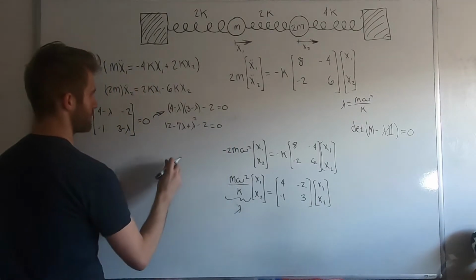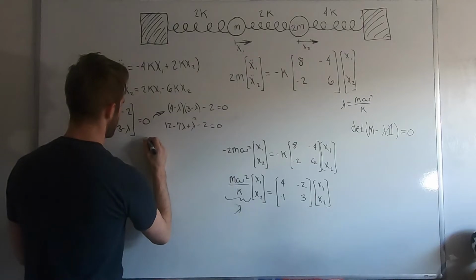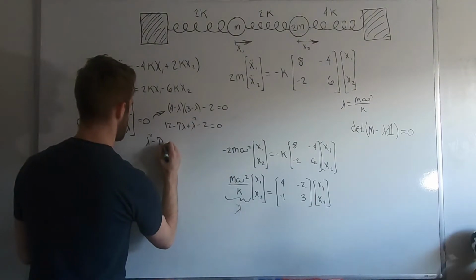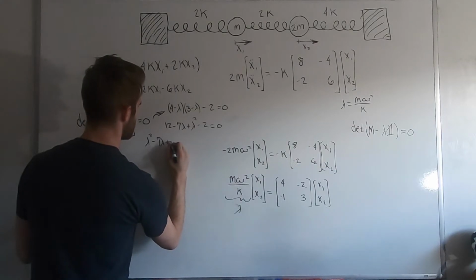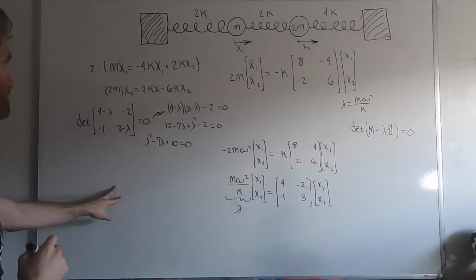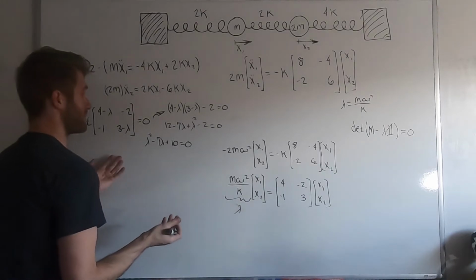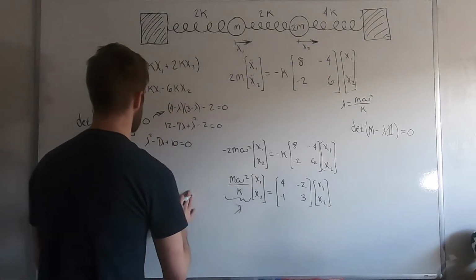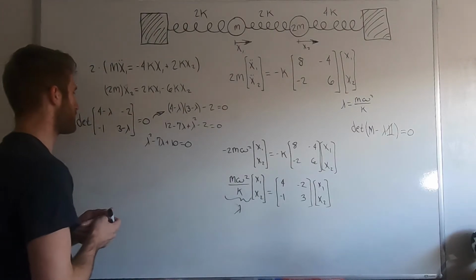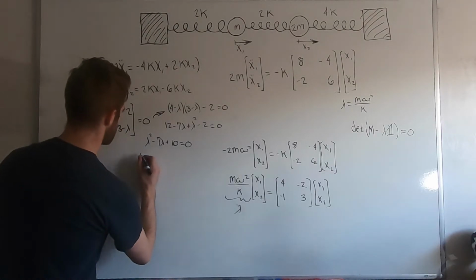So at minus 2, we can rearrange this a bit. We're going to have lambda squared minus 7 lambda plus 10 is equal to 0. All right, cool. So now all we really need to do is factor this. You can always use the quadratic equation if that suits you, but I'm just going to do it explicitly.